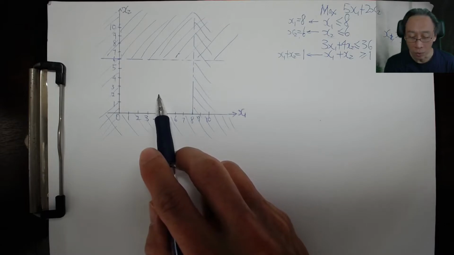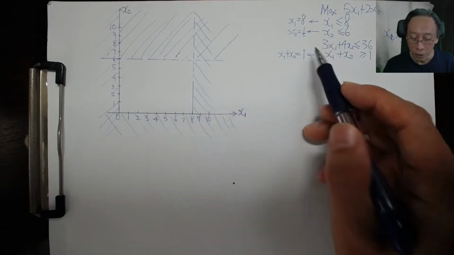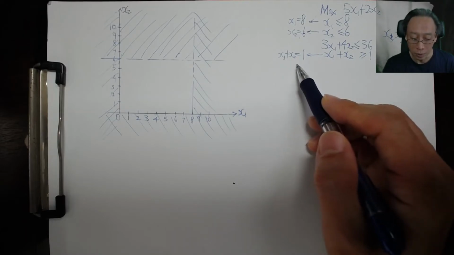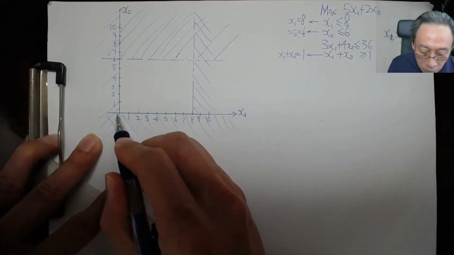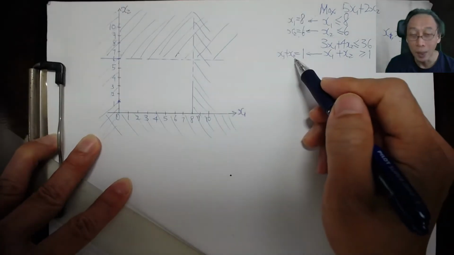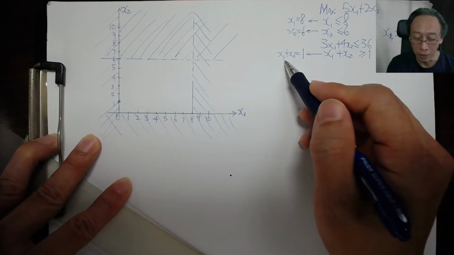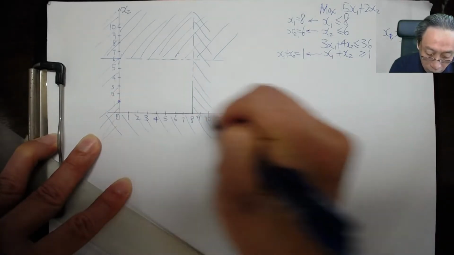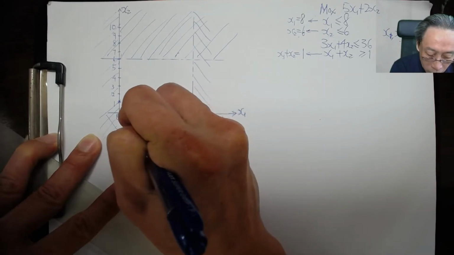And what's more convenient than to first assume x1 is 0, therefore x2 is 1, right? We have 1 point. Then we assume x2 is 0, therefore x1 is 1. So x2 is 0 on this x-axis, x1 is 1. We have another point.